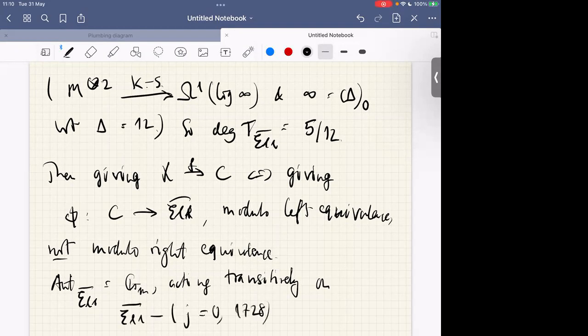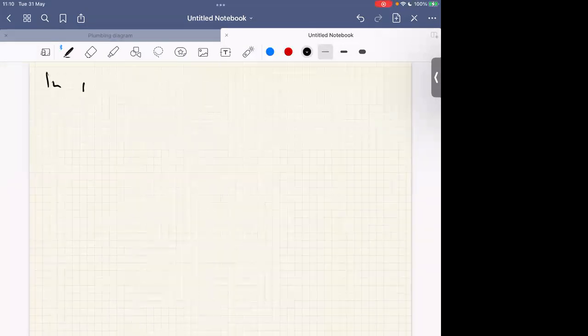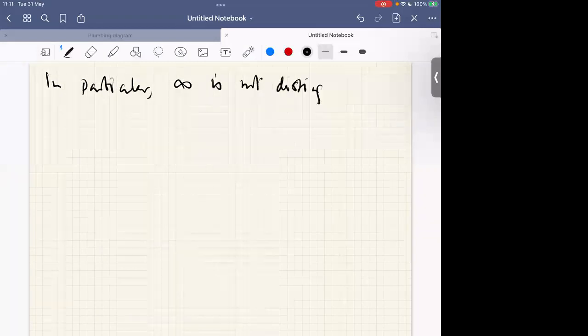So in particular, 0 is not distinguished. I emphasize this because it's slightly counterintuitive, but it is what goes on.